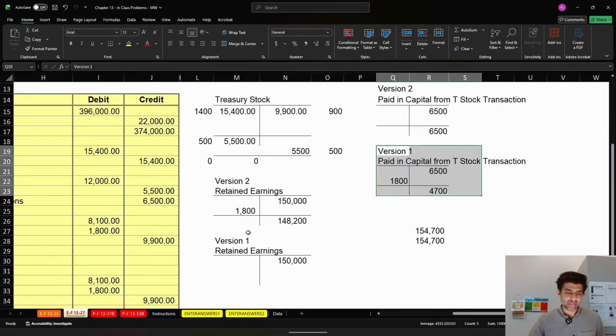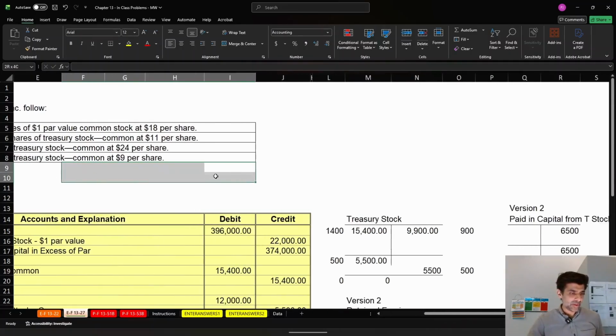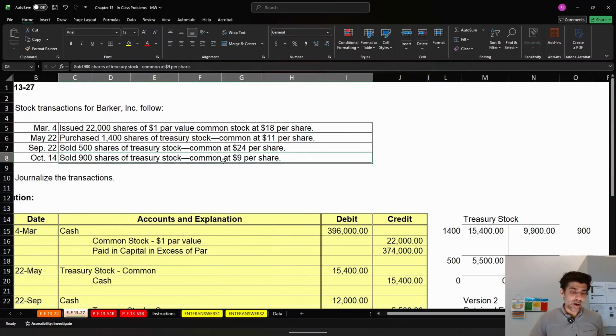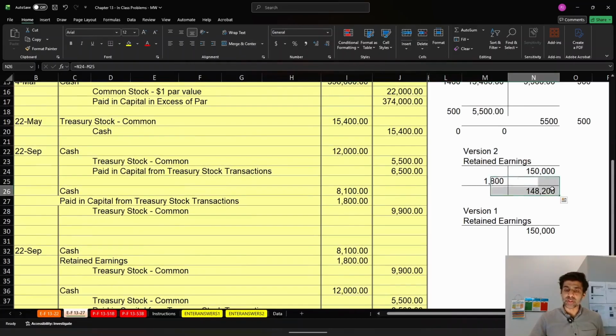It would have ended up like this, and my retained earnings would have been like this. Instead, if I reverse the order of those transactions, meaning I first sold these 900 shares at a loss, and then sold these at a gain, it would have resulted in this version 2.